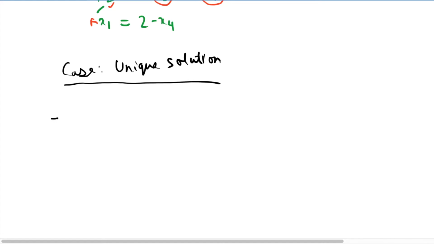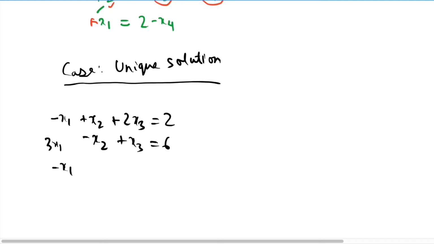So let's consider one such system. Minus x1 plus x2 plus 2x3 is equal to 2. Okay, and then 3x1 minus x2 plus x3 is equal to 6, and minus x1 plus 3x2 plus 4x3 is equal to 4.